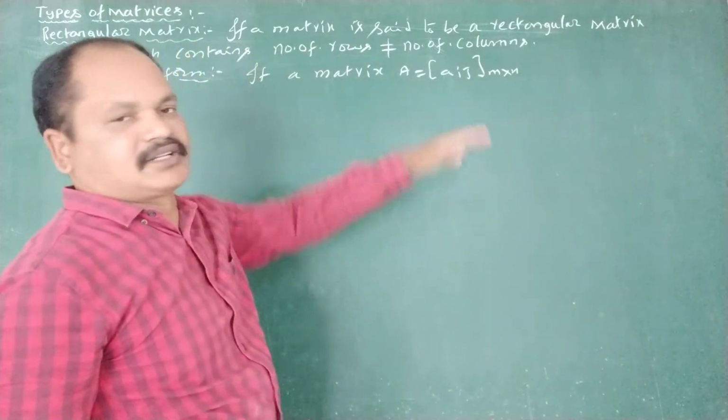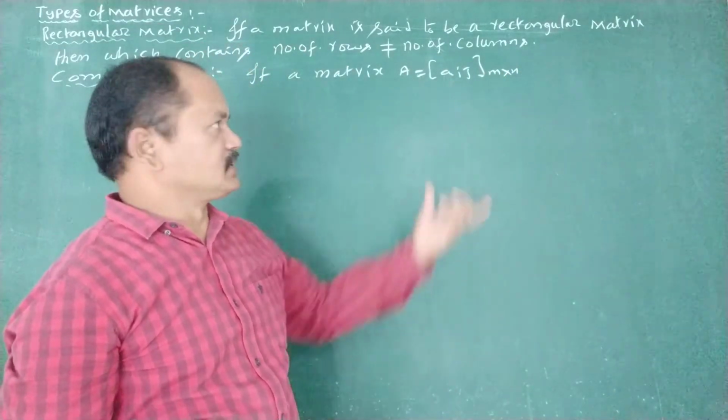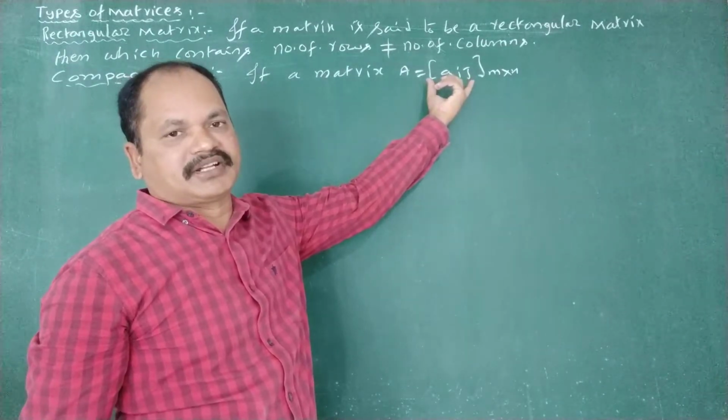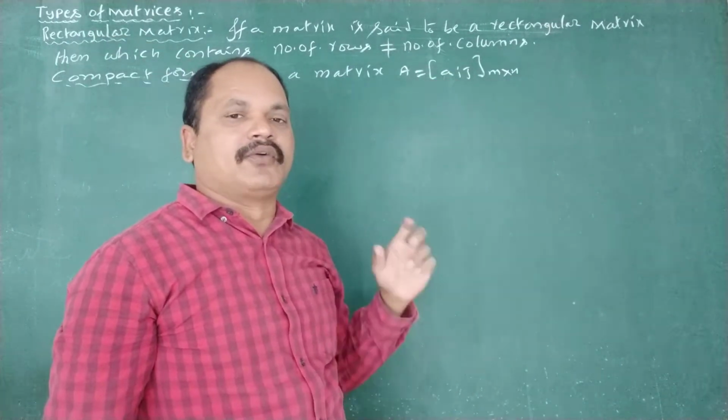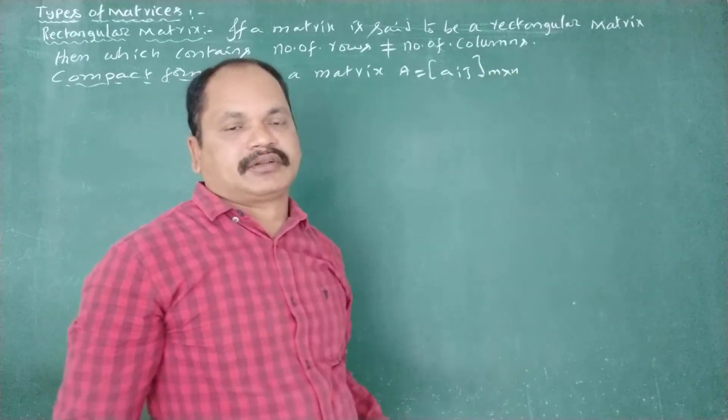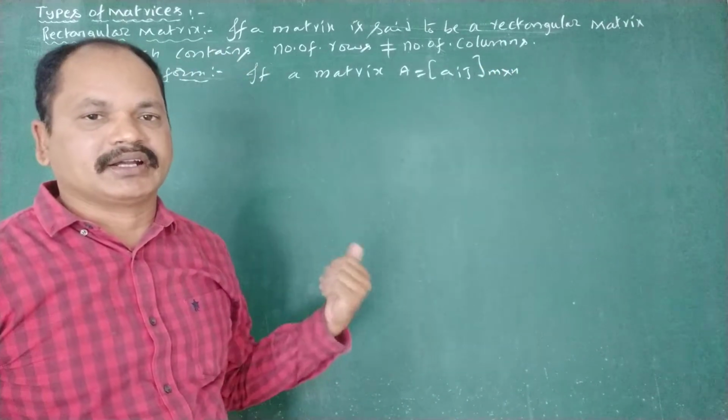So this is the representation of the compact form. This is the matrix representation of order m by n, which contains m rows and n columns.